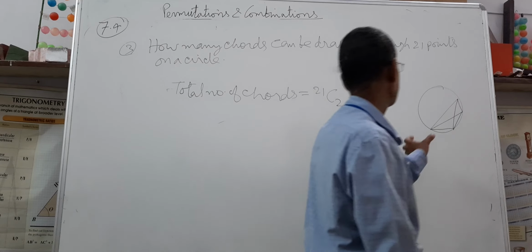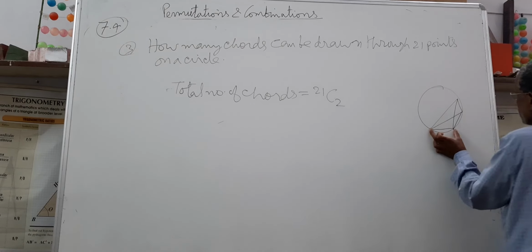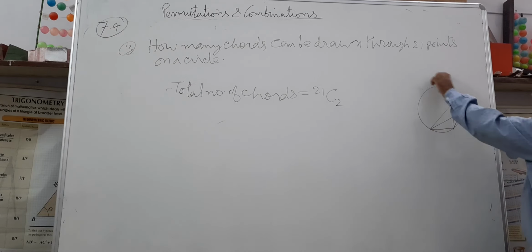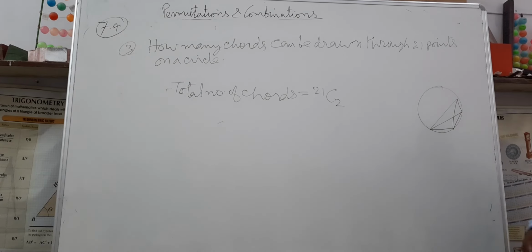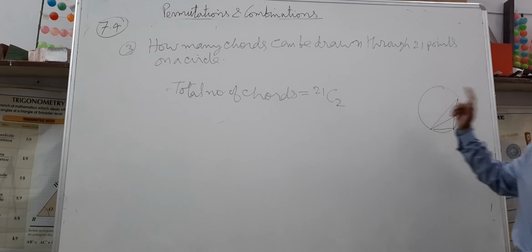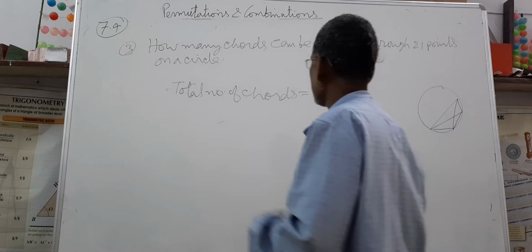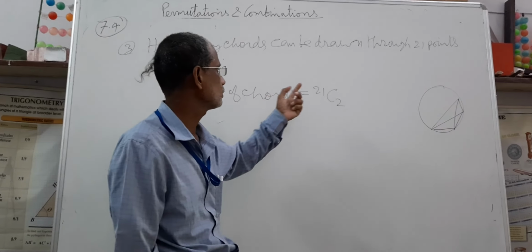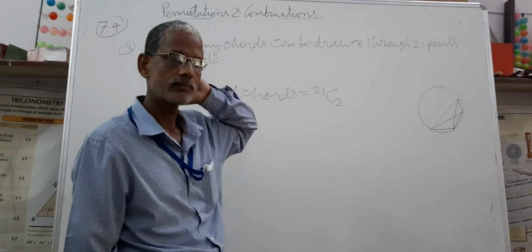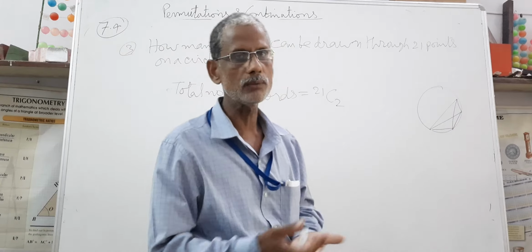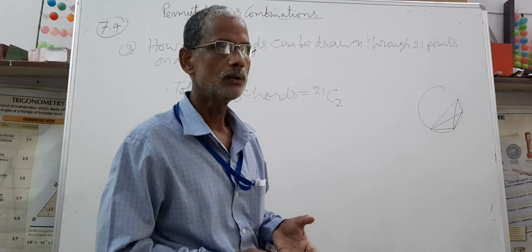Any 2 points on the circumference, after joining, give a chord, because all 21 points lie on the circumference. The required job is selection, therefore we use 21C2. Because chord AB and chord BA are both the same, there is no arrangement, only selection.